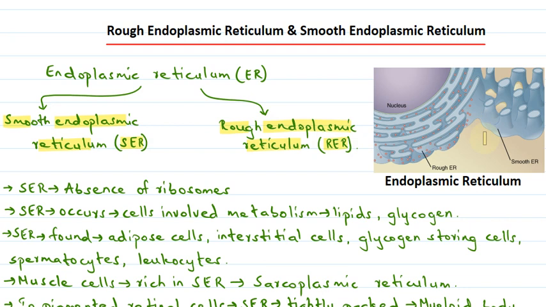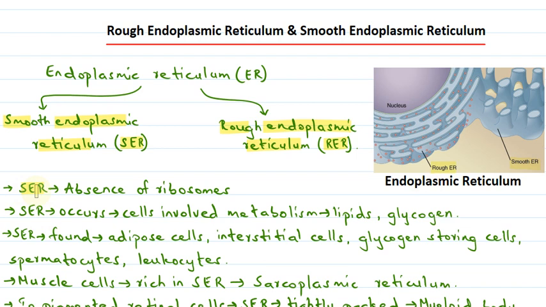So the major difference is that the smooth endoplasmic reticulum does not have ribosomes in its membrane, and it appears smooth, and hence the name smooth ER. Whereas the rough endoplasmic reticulum has the presence of ribosomes and ribophorins, and they are giving a rough appearance, hence the name rough ER or rough endoplasmic reticulum.